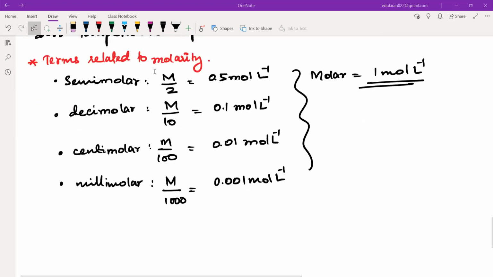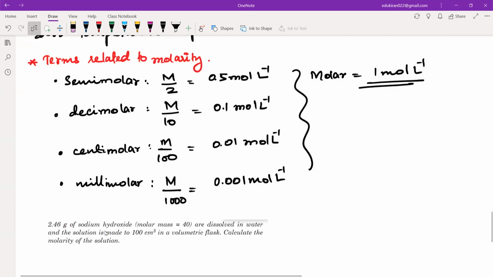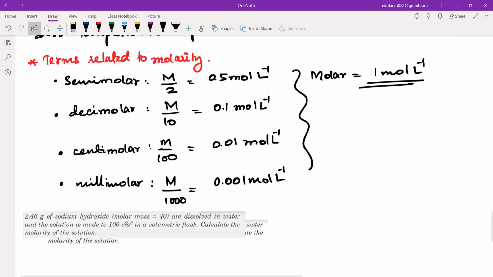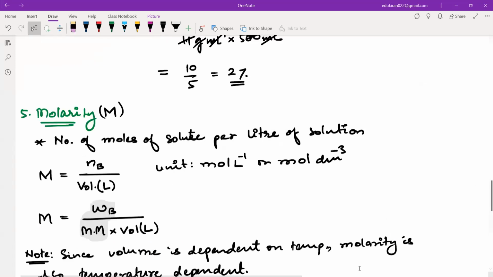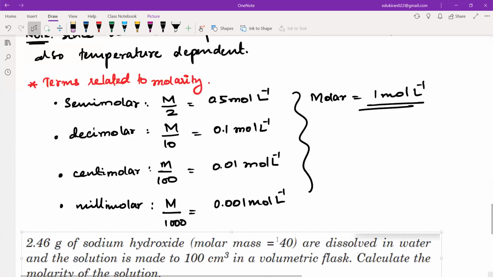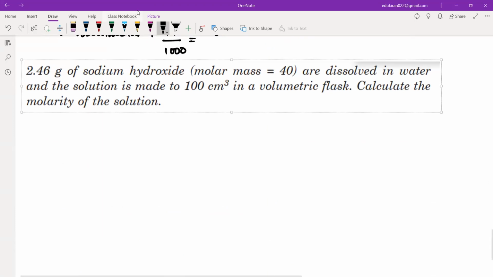Done. Now all of you write this question. 2.46 gram of sodium hydroxide, its molar mass is given, is dissolved in water and the solution is made to 100 centimeter cube.